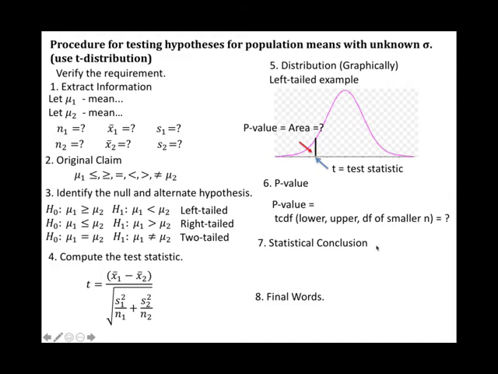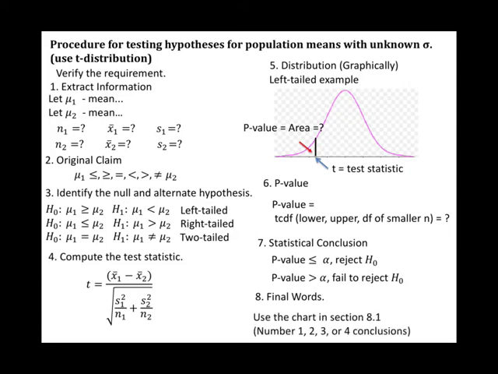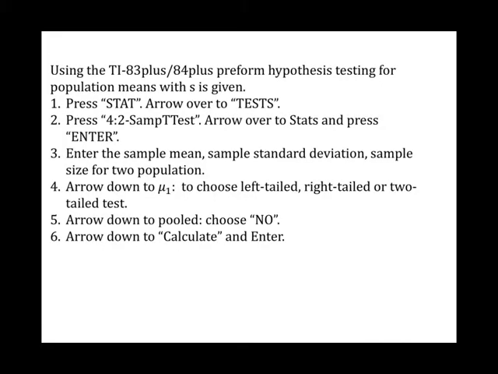And then after you get the p-value, compare with your significance level. Less than or equal to will be reject. Strictly greater than will be fail to reject. For the final words, we're going to use section 8.1, the 1, 2, 3, 4 conclusions. So this is the first part, hypothesis testing using the p-value method. And this is how you use your calculator to double check your work.